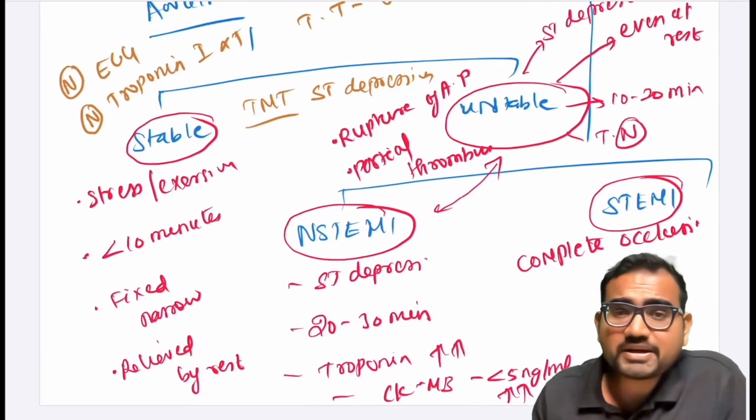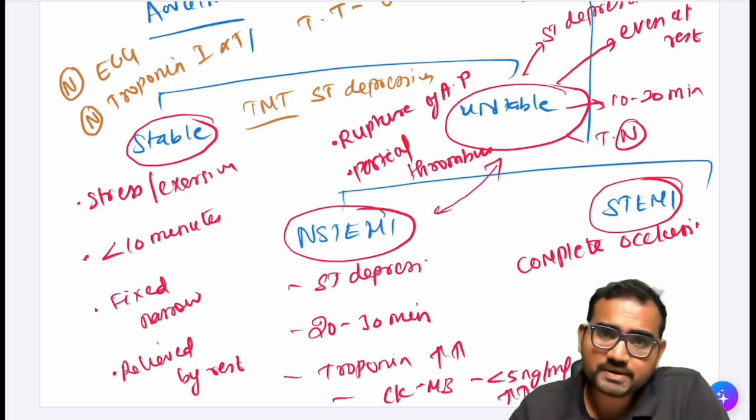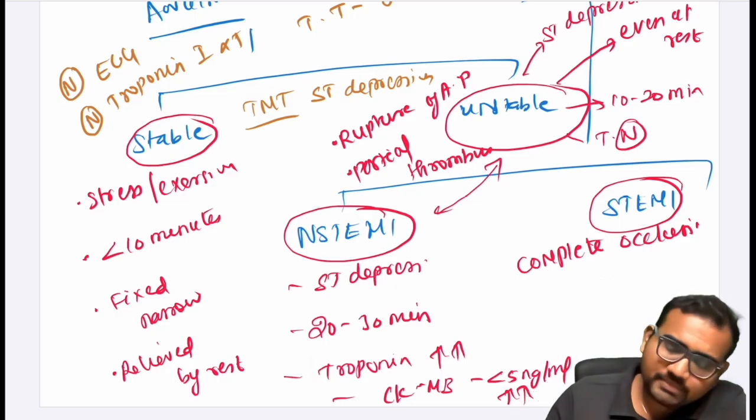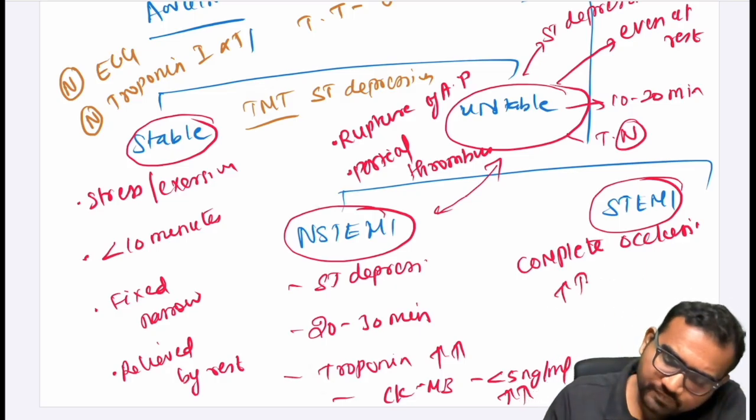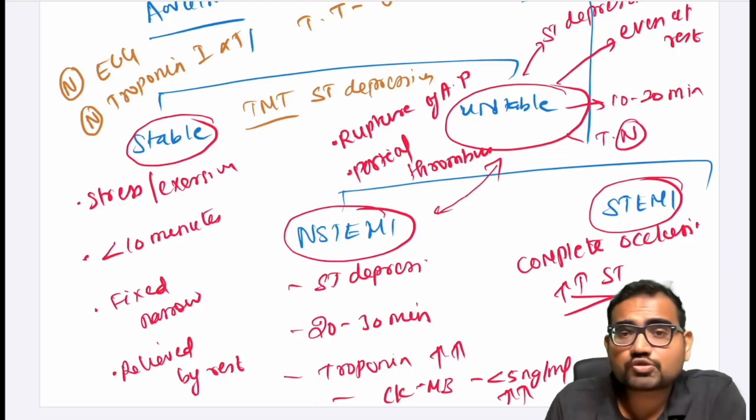There will be complete occlusion of the coronary arteries. What happens in STEMI? There will be a definite elevation of ST, as the name implies, ST elevated myocardial infarction.